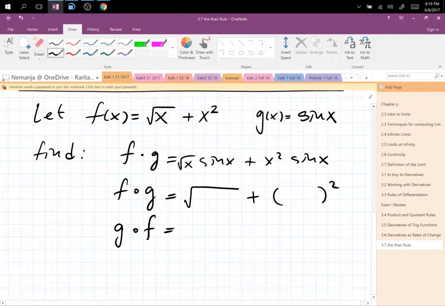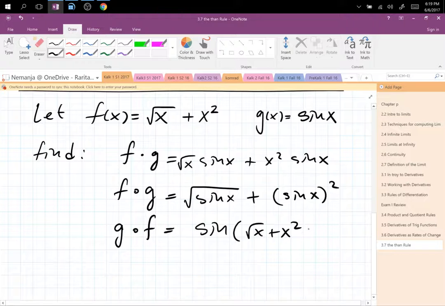And those x's get replaced by g, so we get sine x instead of those x's. The next one is g of f, so we get sine of root x plus x squared. So that's what we have.